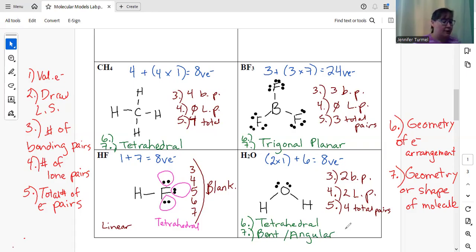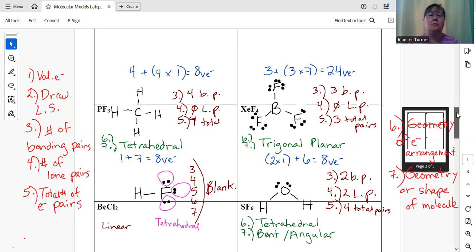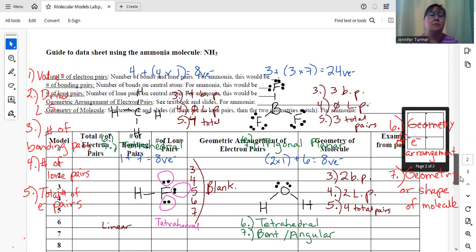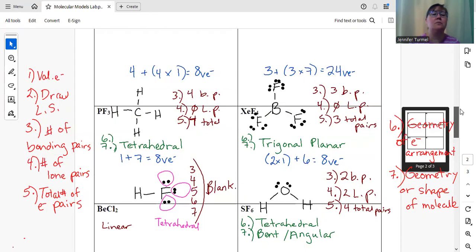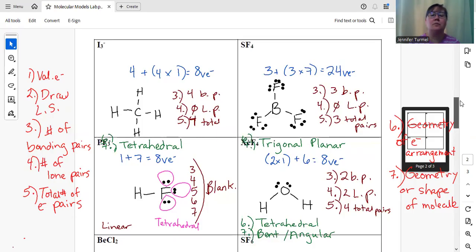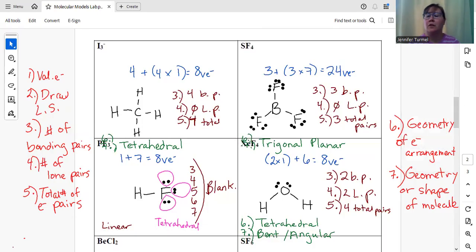Okay. Let's go ahead and go on to the next page. Okay, and again, I need to erase all my drawings here.